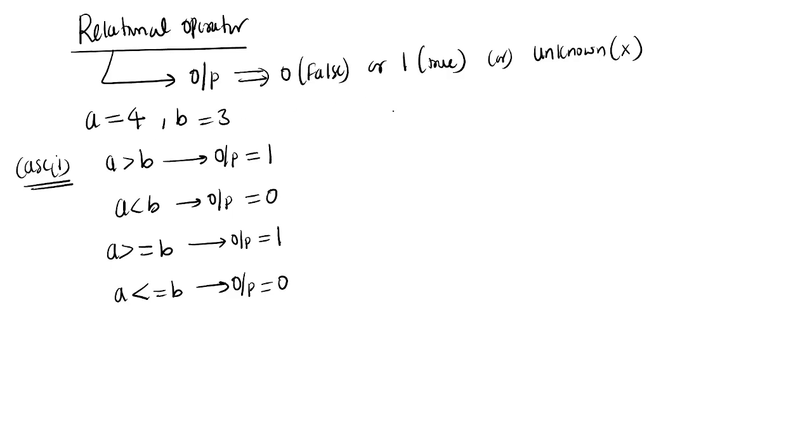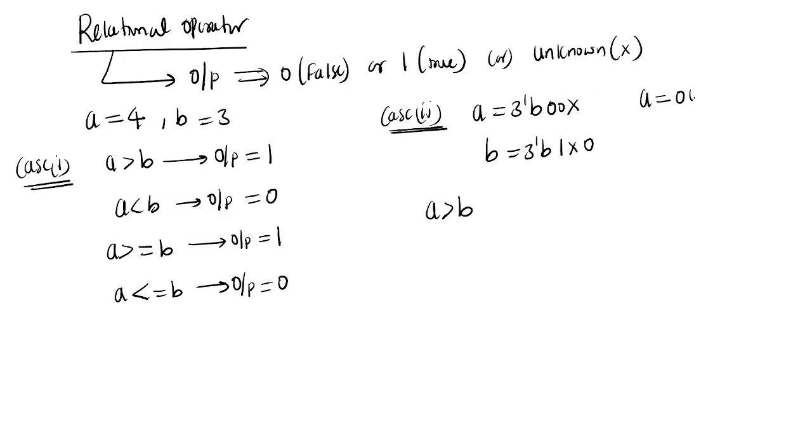And case 2, let us take A equal to 3 tick binary 0 0 x, and B equal to 3 tick binary 1 x 0. Suppose I want to consider A greater than B. What are the A values? 0 0 0 and 0 0 1.